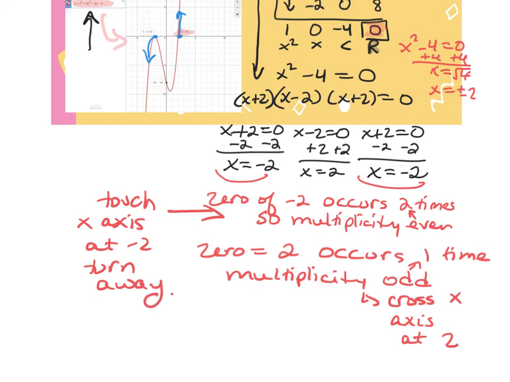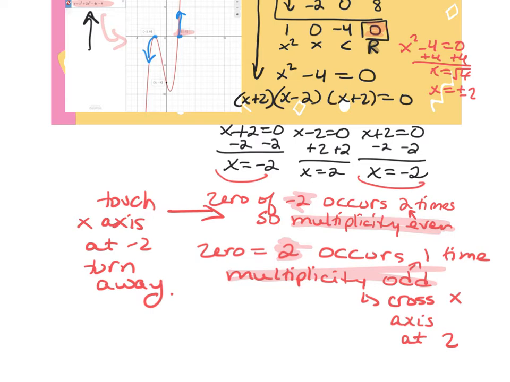Do we have to write that in our homework tonight, like that part, the touch x-axis part? No, this is just the explanation of why. What you're going to have to do in the homework is you have to tell me that the multiplicity is even for -2, and you have to tell me that for the 0 of +2, the multiplicity is odd.